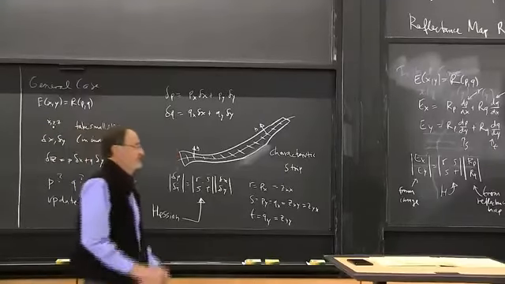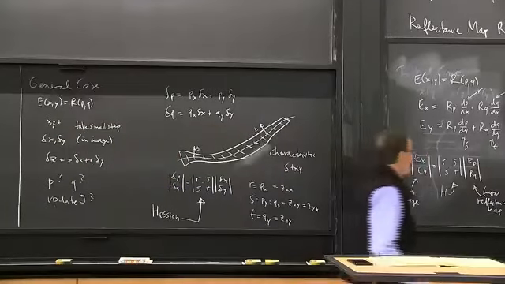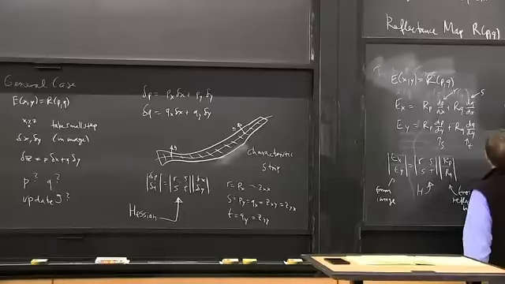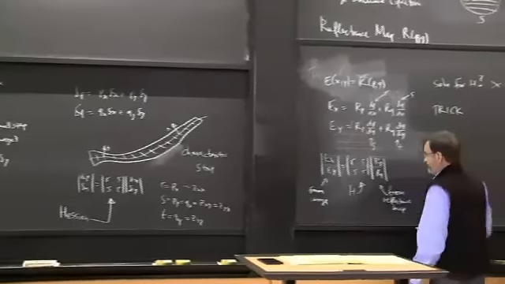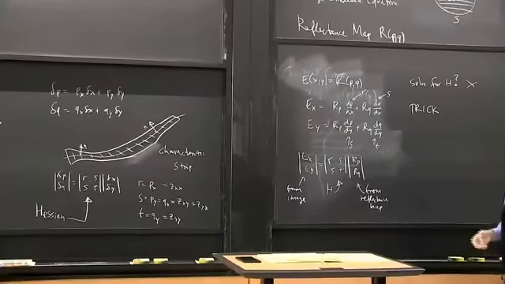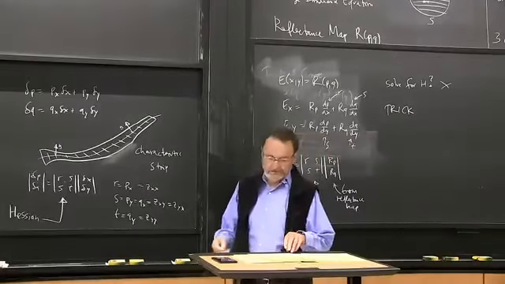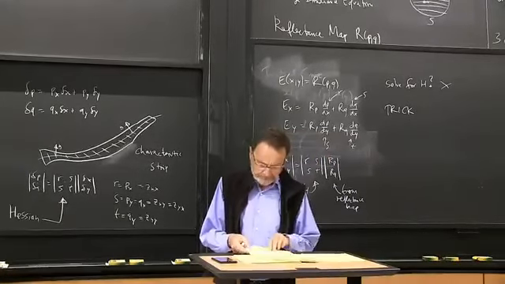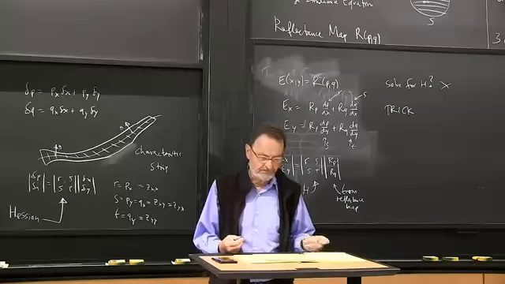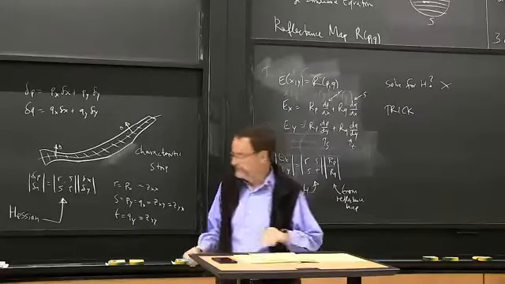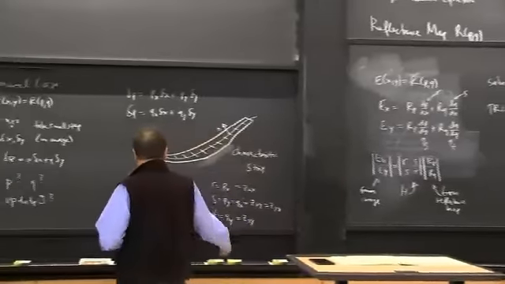Okay, so here's the whole trick of the method: because H appears in both of these equations, we can make some progress. We won't be able to solve for H, but that's not really our aim.